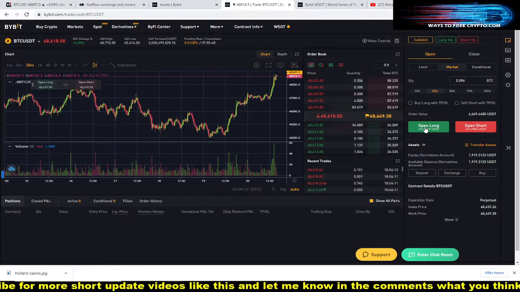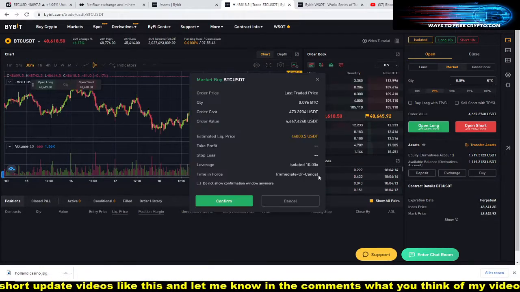I'm going to long. I open a long, and here it says my liquidation price. So that means that once the price drops to 44,000, I will lose 25% of my entire account. But if the price rises 10%, I will gain $500. So I'm going to show you guys.